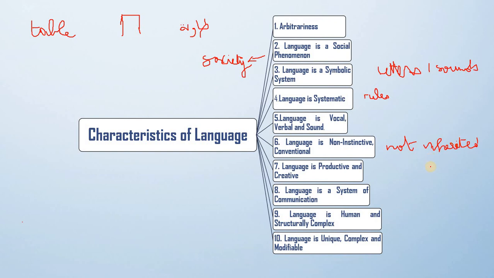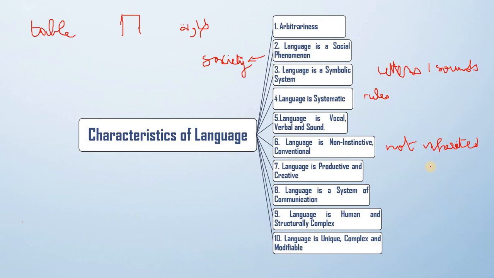It is not inborn. So we learn and we acquire language from the people surrounding us, and it is not something that we inherit from our parents. When a baby starts speaking, he speaks the language of his parents. So he acquires his parents' language, and he may acquire other languages too.